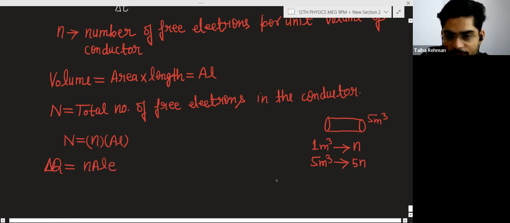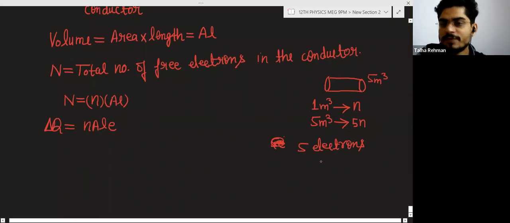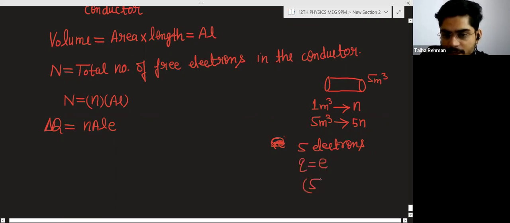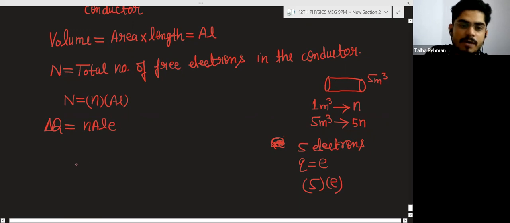Suppose you have 5 electrons, and the charge on one electron is e, then the charge is 5 times e, the total number of electrons into the charge on an electron. Here nAL is the total number of electrons and e is the charge on an electron.